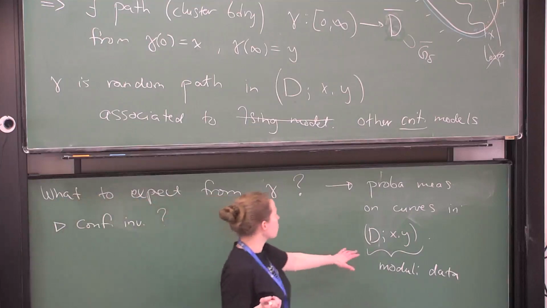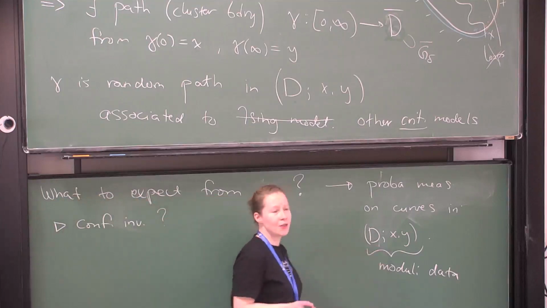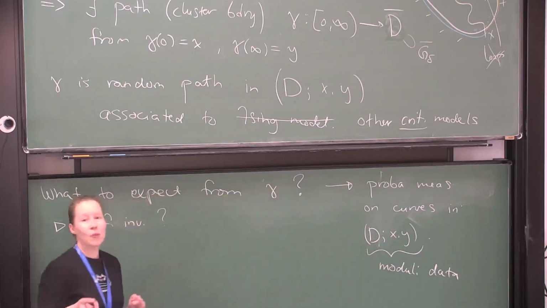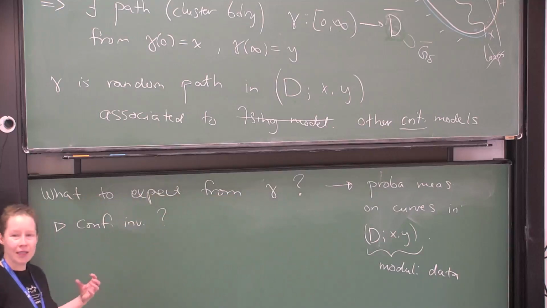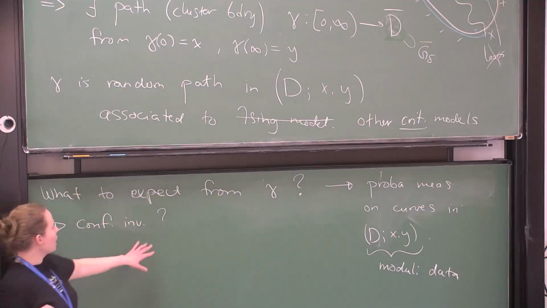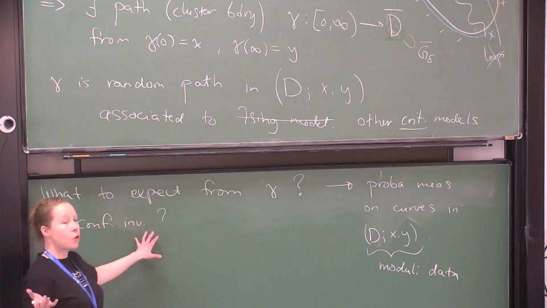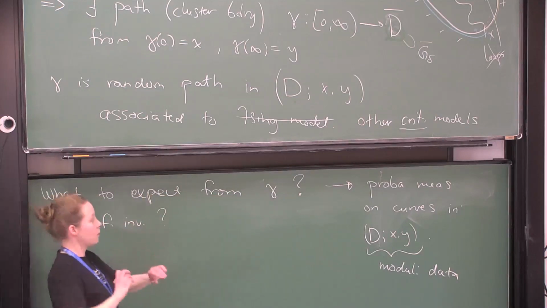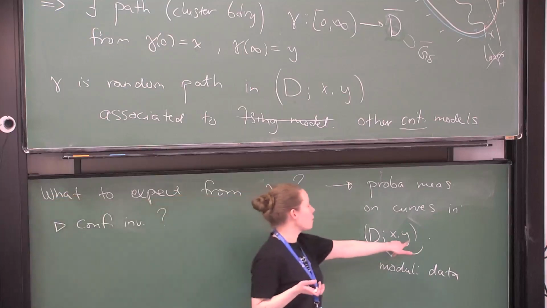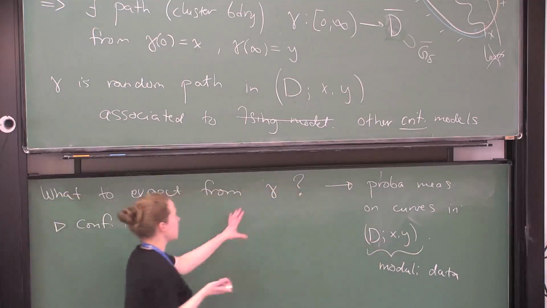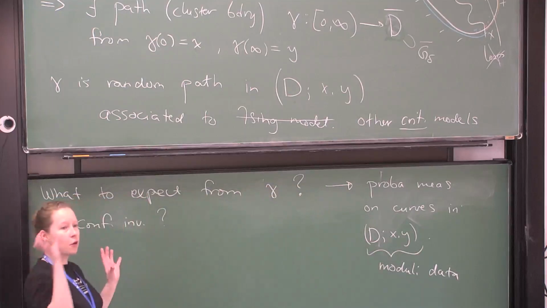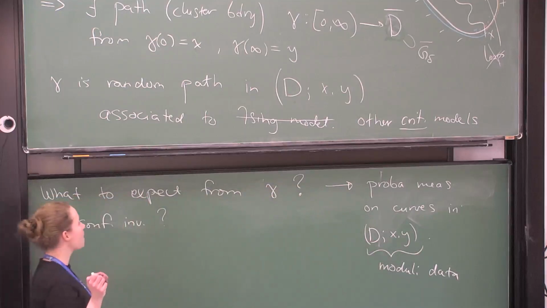You could ask about these things on surfaces and so on, but this is not completely understood, so I'm starting from the basic case. And so what the basic case should satisfy is just that if you transform conformally to some other domain, and you keep track of the marked points, this measure on curves should transform in some conformally invariant way.